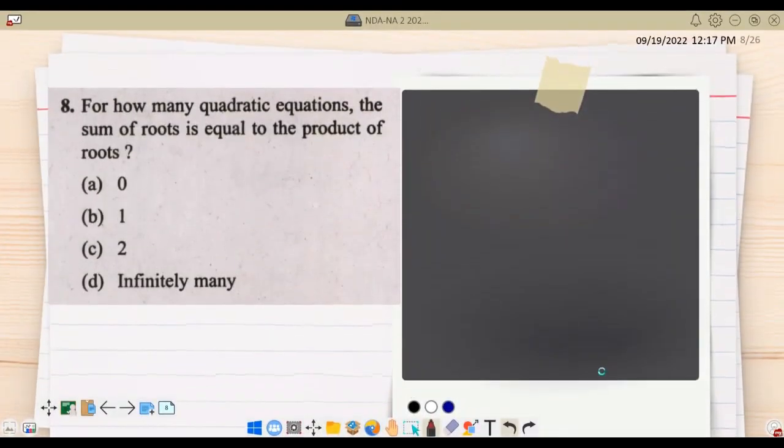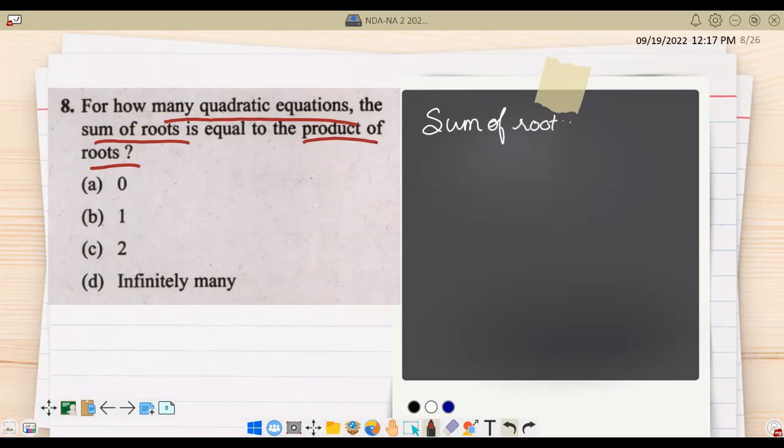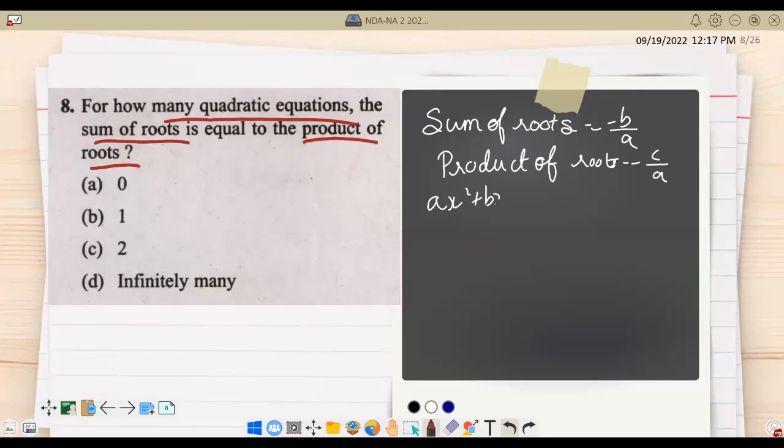In this question, they asked for how many quadratic equations the sum of the roots is equal to the product of the roots. We know the formula: the sum of the roots is equal to minus b by a, and the product of the roots is equal to c by a, if the equation is in the form of ax square plus bx plus c.